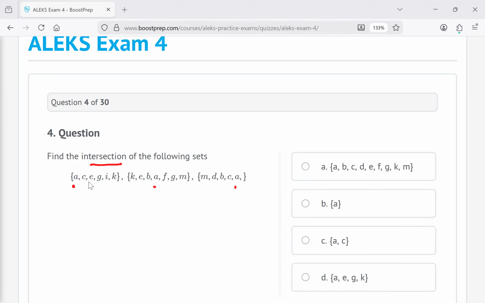It's not B because you don't have a B here, right? It has to be in every section. So that is what an intersection means. It's letter A, because A pops up in all the sections.